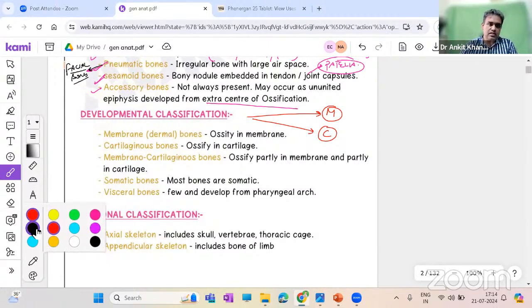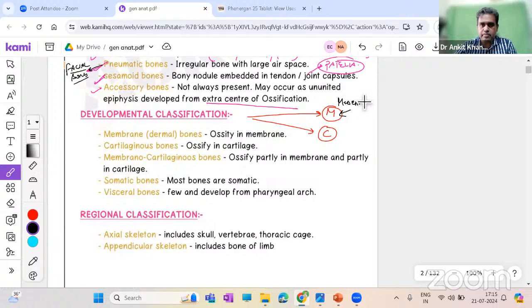The basic difference is, in case of membranous ossification, the bone is directly formed from mesenchyme, directly. Not very many bones have membranous ossification. Very few bones do, mainly the bones of the skull, some face, and a bit of clavicle, you can say. The rest, most of the bones in the human body, come from cartilaginous ossification.